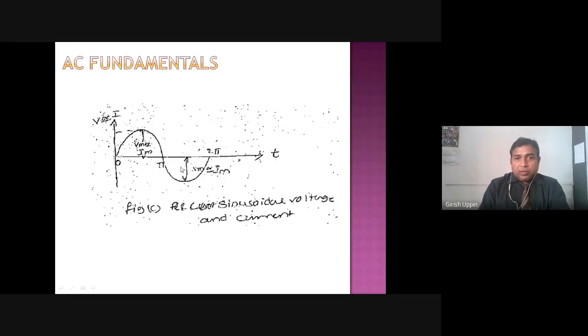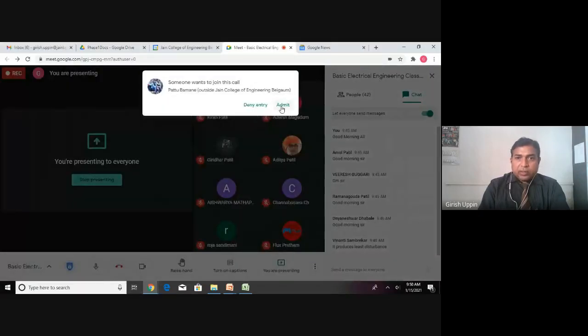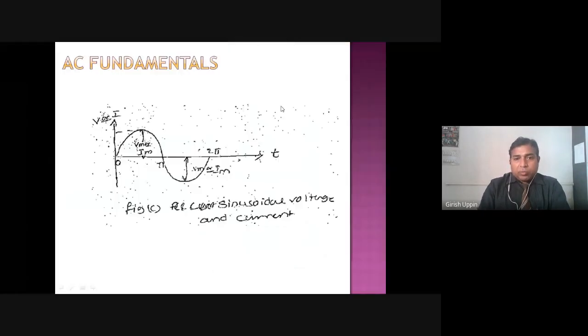This peak value and that peak value would be exactly the same. Only thing is they will be in the opposite direction. This is a positive Vm and this is minus Vm. And again, it will start slowly increasing and become 0, then go to the positive cycle. And this particular cycle will keep on repeating.